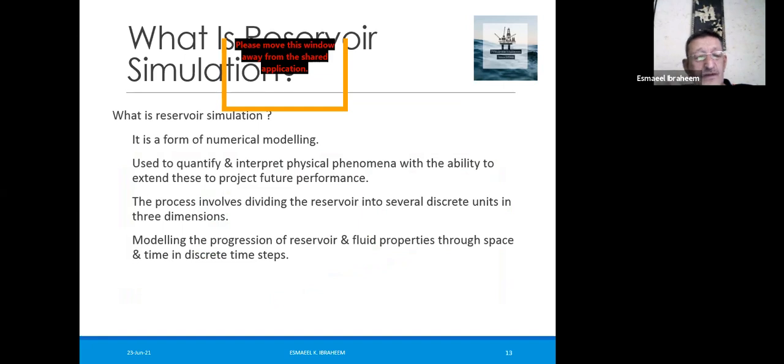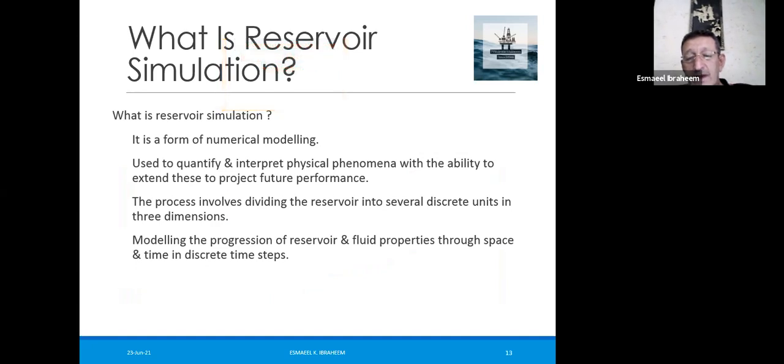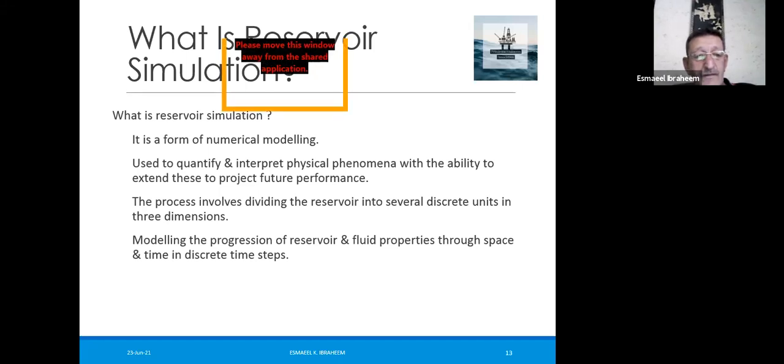What is reservoir simulation? It is a form of numerical modeling, where you model your reservoir by using numerical processes offered by the simulator, to see what kind of reservoir you have down there. It is used to quantify and interpret physical phenomena, with the ability to extend these to project future performance.